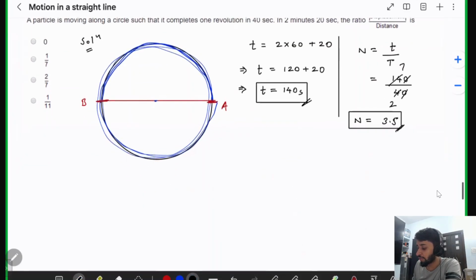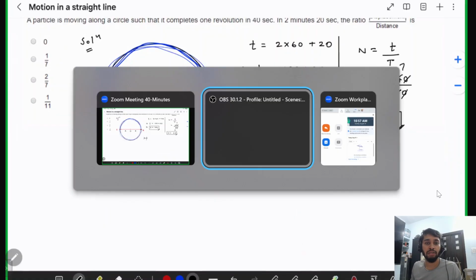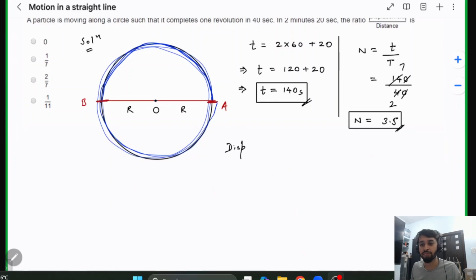So first, let's find the displacement itself. The magnitude of the displacement, if I take the radius of the circle as r, with the center here, will be equal to the length of the diameter.